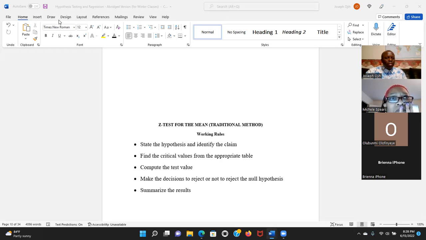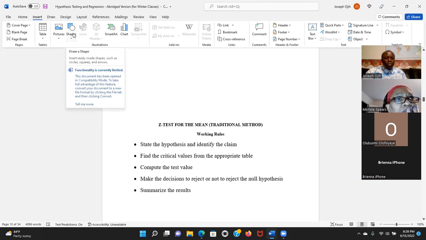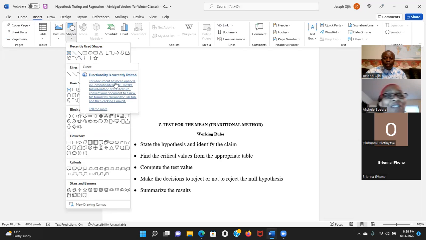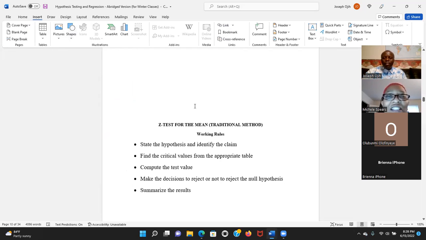Can you see where it says insert? Yes. If you click on that, it will give you all the shapes. See, there's this shape. From there you can pick this. Yeah, that's what I was looking for. I couldn't find it. I'm having a hard time with this bell shape stuff.